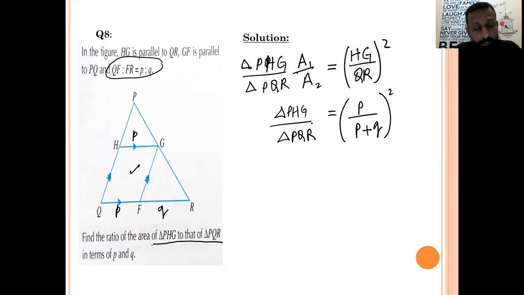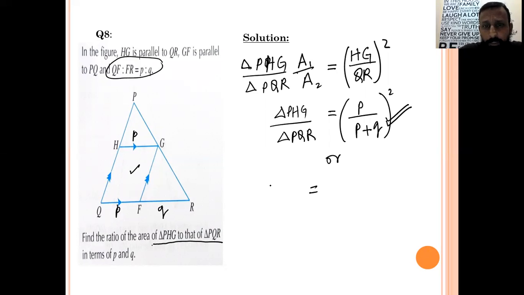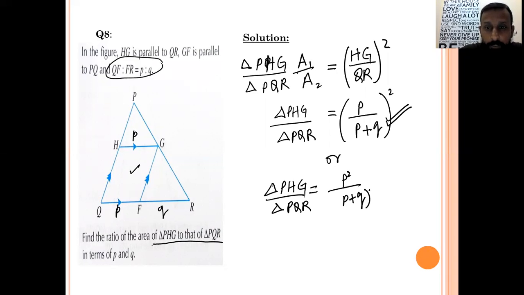Now, what's the question? Find the ratio of areas of PHG to that of triangle PQR in terms of P and Q. So here it is, boys and girls, we can open up the bracket: area of triangle PHG upon triangle PQR is equal to P square upon P plus Q the whole square.